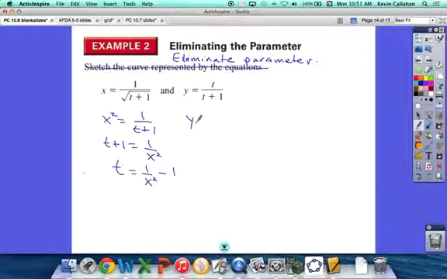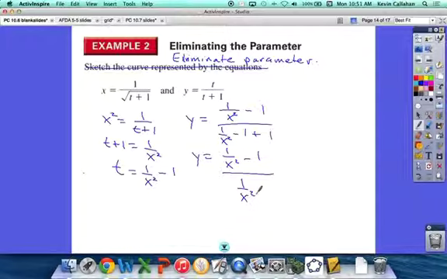y equals 1 over x squared minus 1 divided by 1 over x squared minus 1 plus 1, which in the denominator, the 1's cancel. y equals 1 over x squared minus 1 over 1 over x squared.